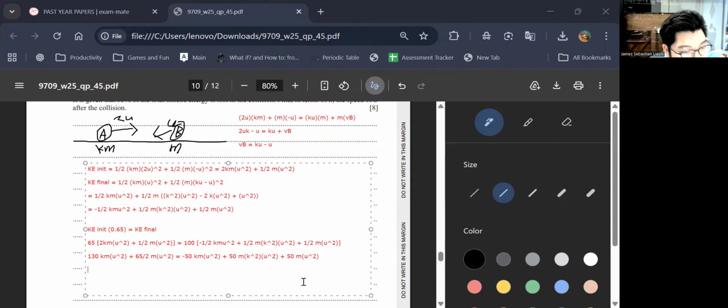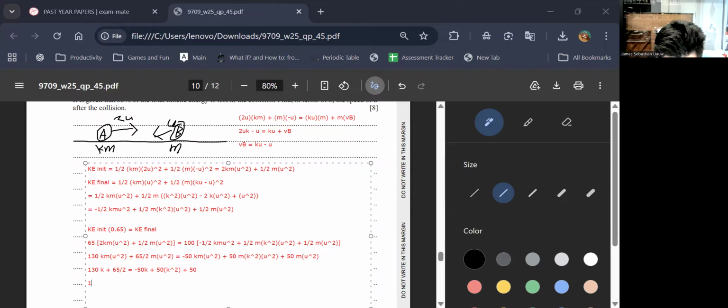We can divide everything by mu squared. At this point we divide by mu squared, and that will simplify very neatly. k squared minus 180 plus 35.